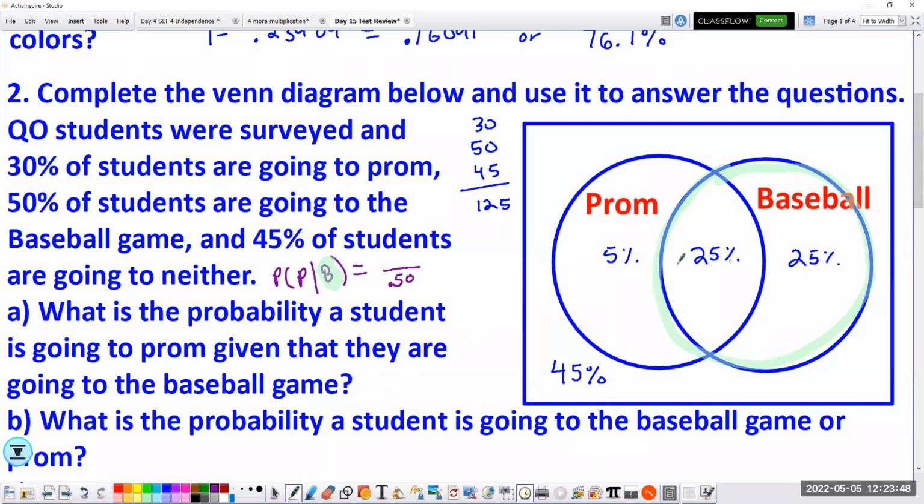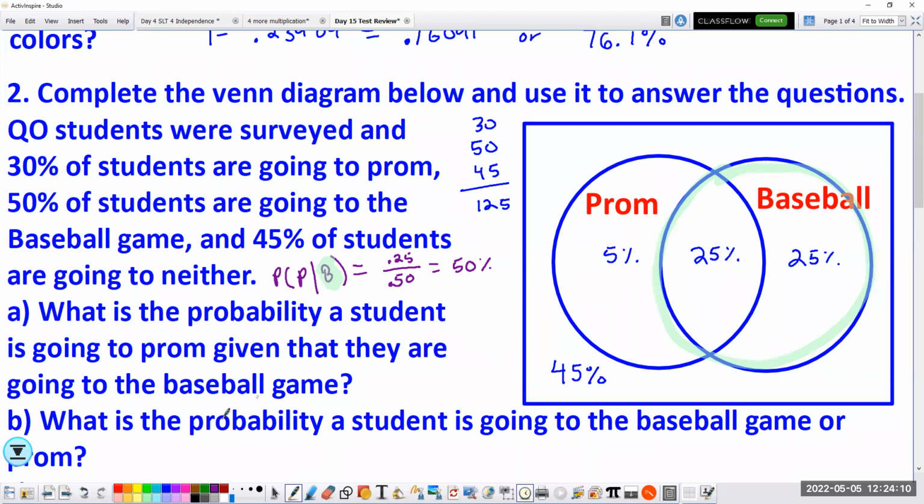So I have 50%. And then what percentage are going to the prom? Looking only in the green circle, I have 25. And if I divide that out, I get 50%. Half the kids, if I know you are going to the baseball game, think about it, that makes perfect sense. If I know you're going to the baseball game, you are 50% likely to go to the prom.